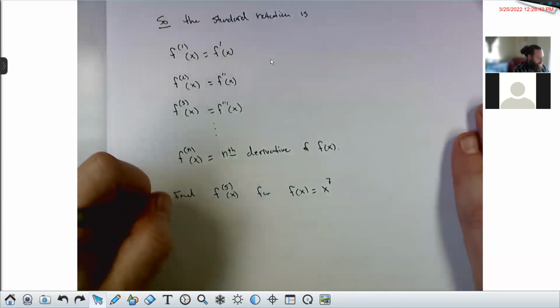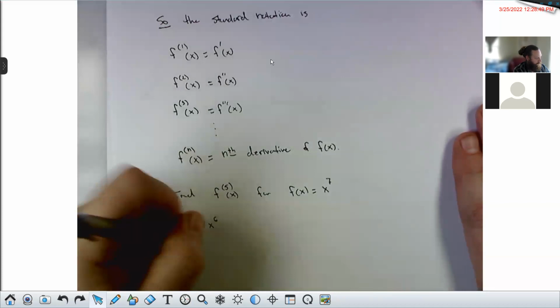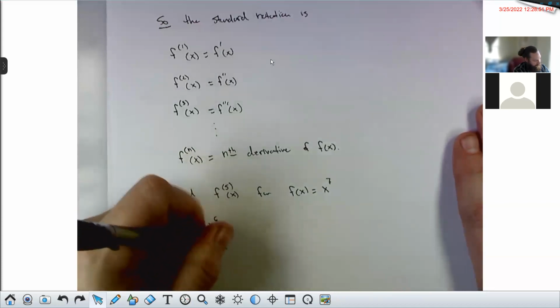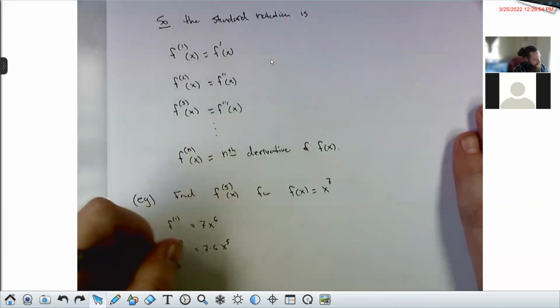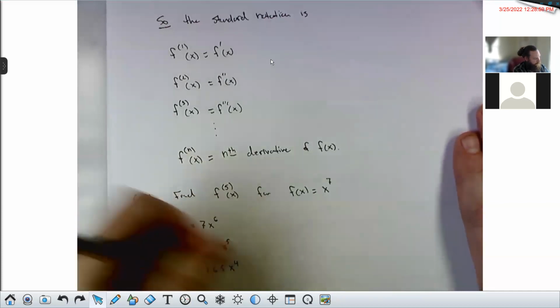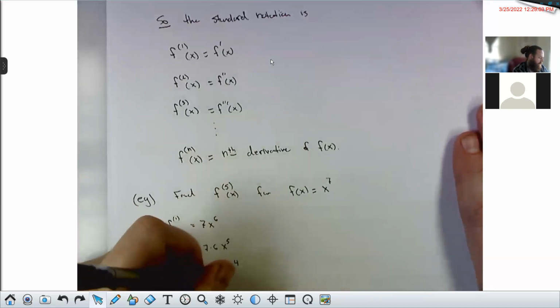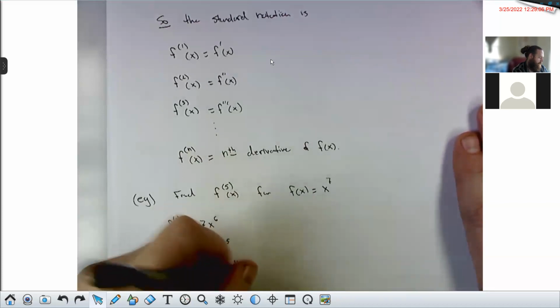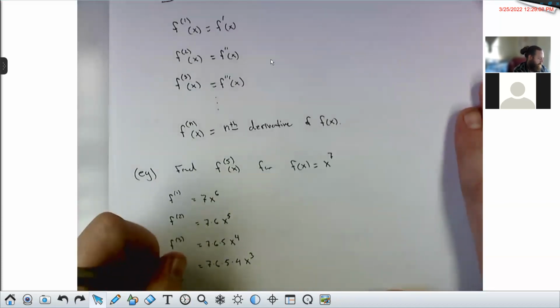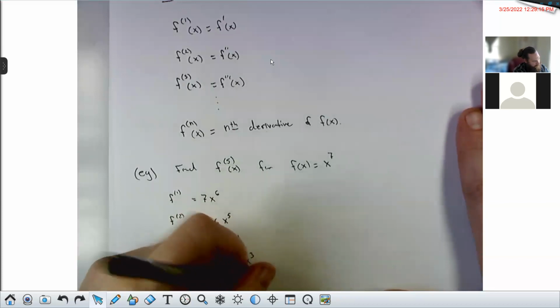I would say, okay, well, f1, that's 7x to the 6. f2 is 7 times 6, x to the 5. f3, that's 7 times 6 times 5, x to the 4. f4 would be 7 times 6 times 5 times 4 times x cubed. So the fifth derivative, f5, would be 7 times 6 times 5 times 4 times 3 times x squared.